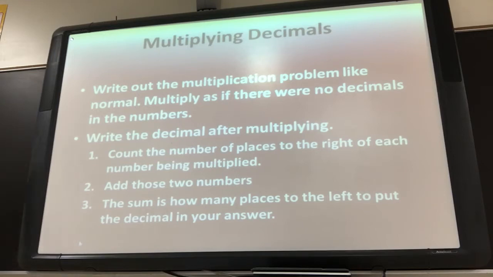And the way that we're going to do that is these three steps right here. Get those down, we'll talk about it. It'll make more sense once we go through our examples as well.